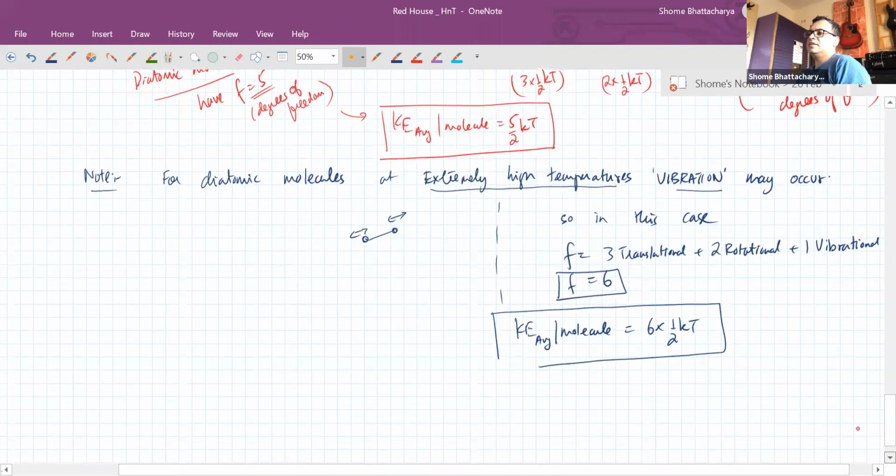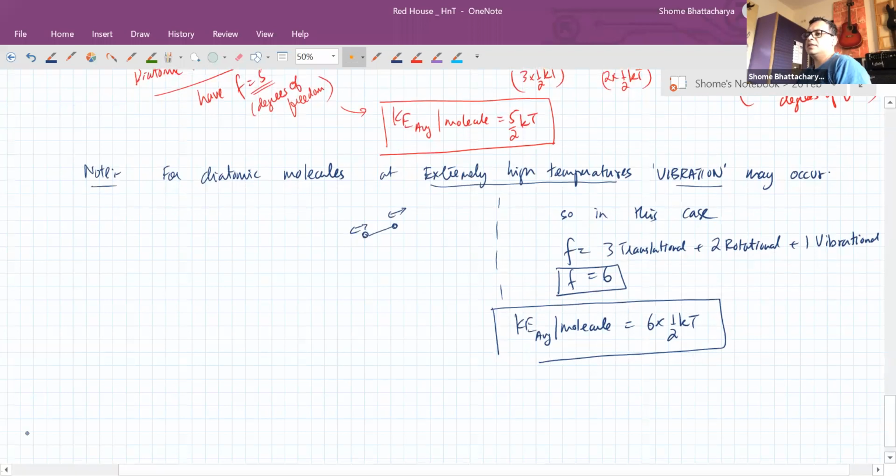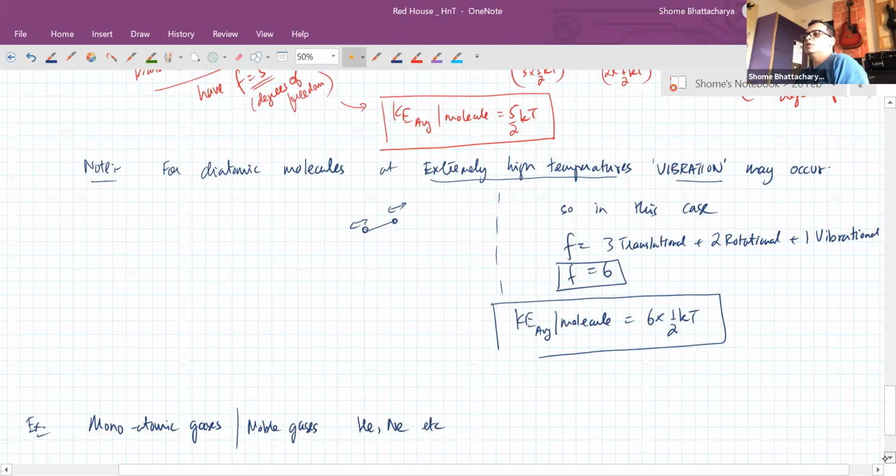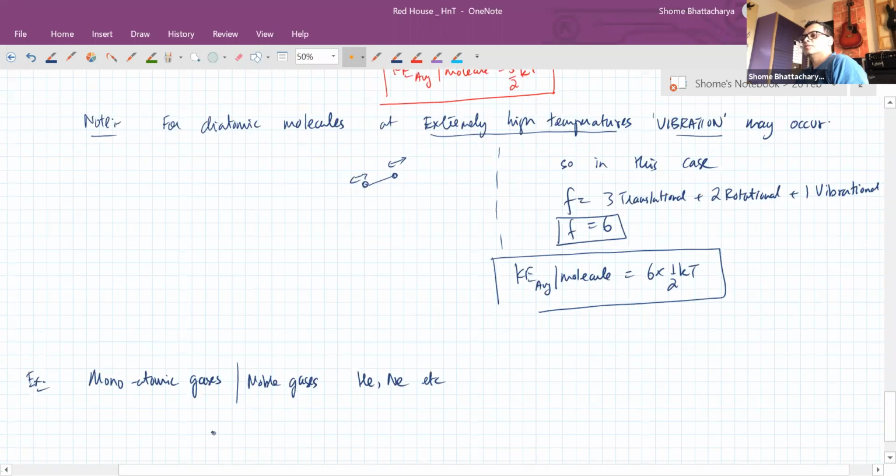Now the second standard thing we should know is for monoatomic gases, which is even simpler. Or what are called the noble gases, helium, neon, etc. The molecule is a point mass, so it has no rotation possible.